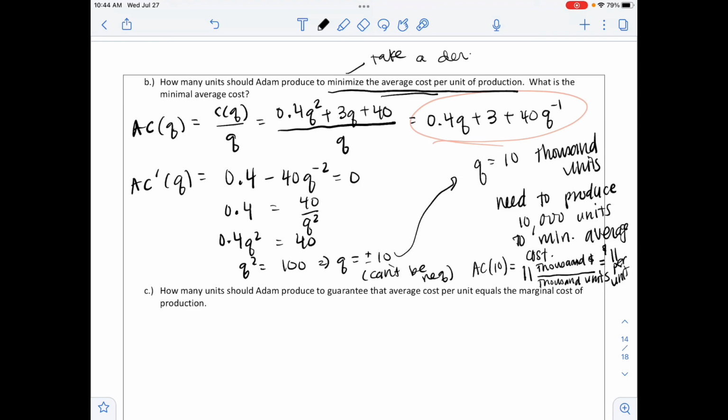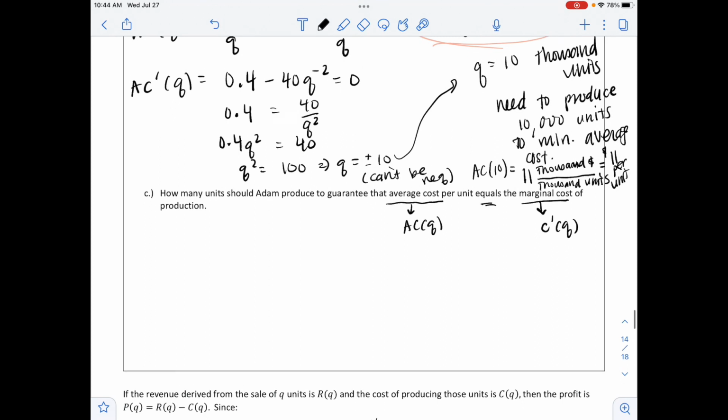So part C says how many units should Adam produce to guarantee the average cost per unit equals the marginal cost of production. So we have the average cost per unit equals the marginal cost. Remember, the marginal cost is going to be our derivative. And average cost, we just came up with this, which is our AC.